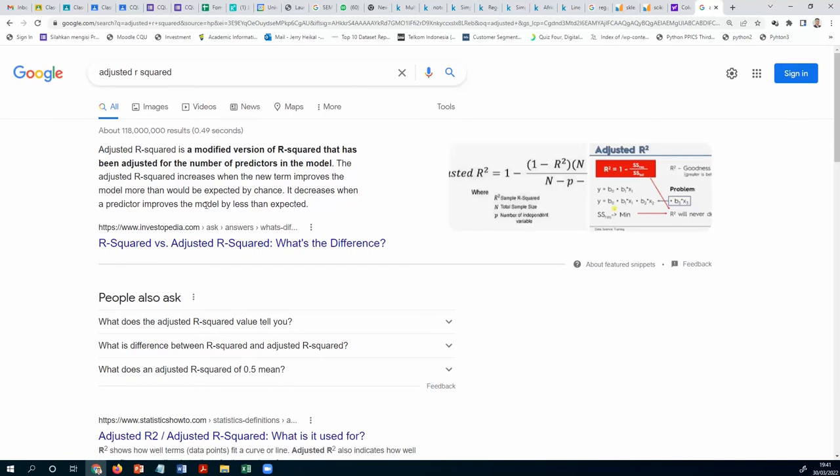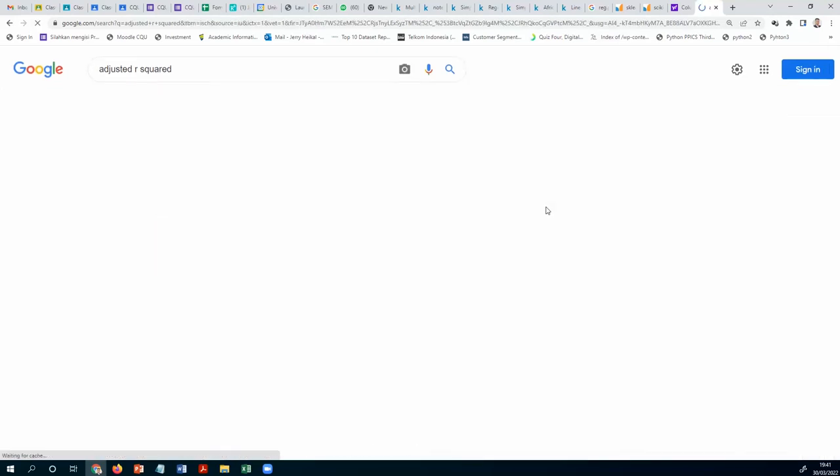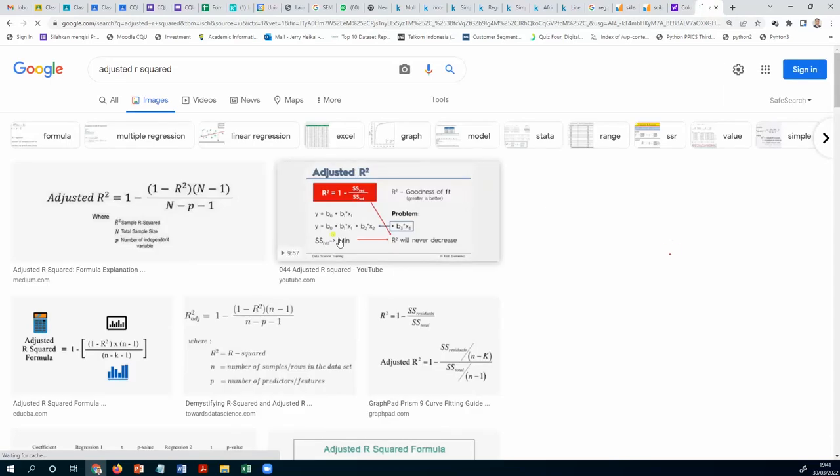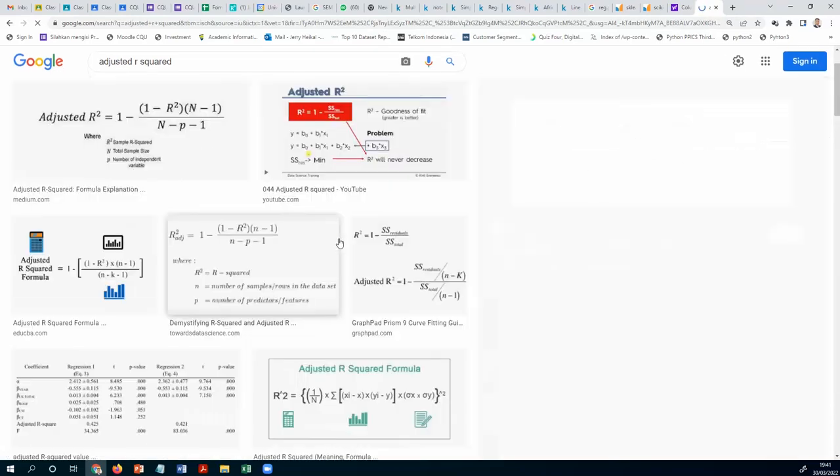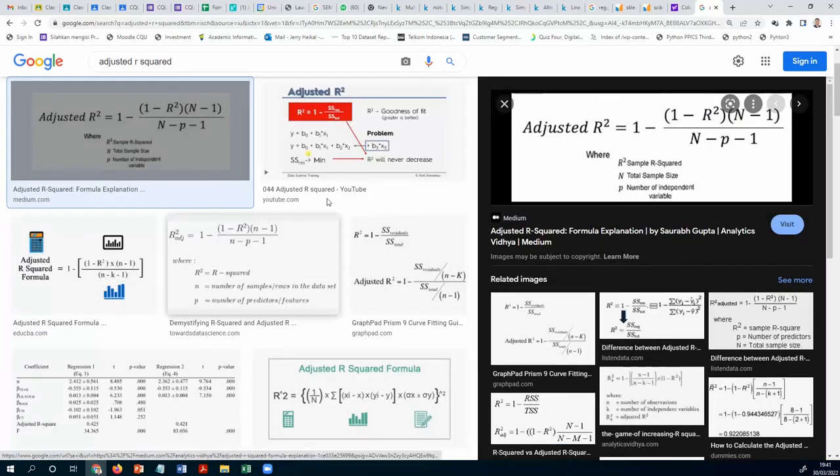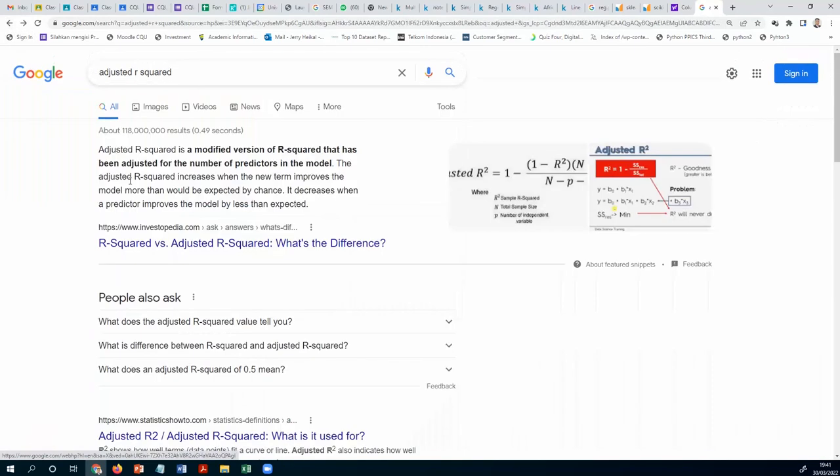It decreases when a predictor improves the model by less than expected. This is the formula to calculate the adjusted R square.